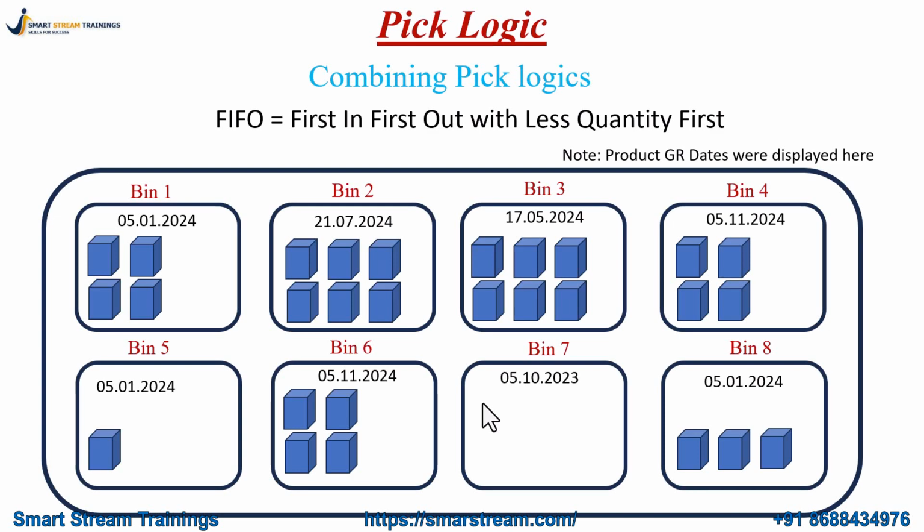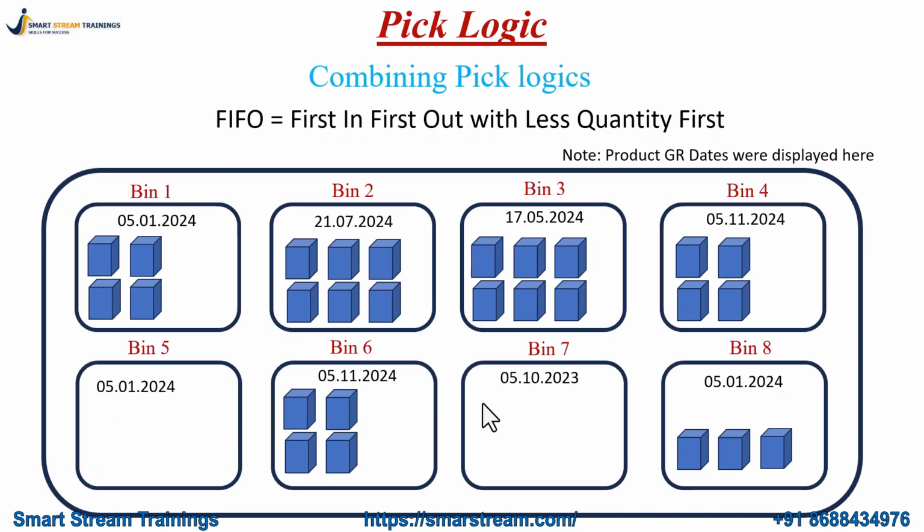So from where does the system have to pick? As we have configured, the system will pick from the bin where there is less quantity. Obviously it is the fifth bin. So by combining this logic, the system will pick the next product from the fifth bin. This is the logic.